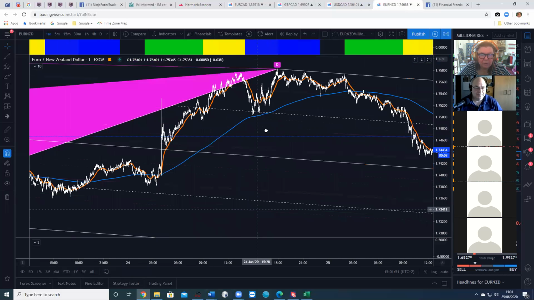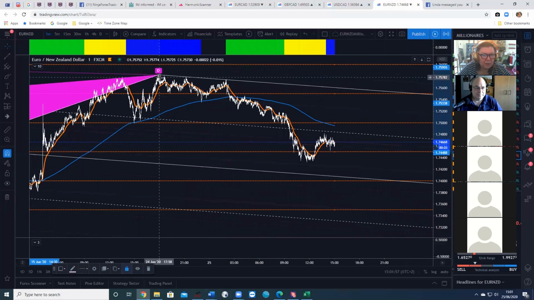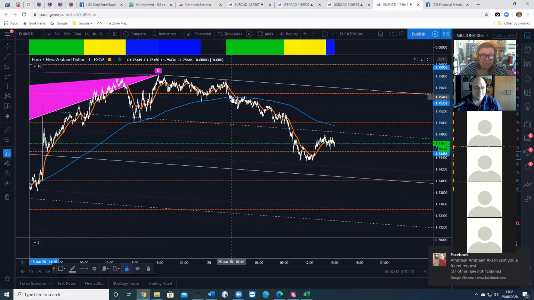So what have we got here? Lovely. Look at there. There's a lovely entry there, which is the rejection off the D point. That's the best setup you can get, when you get the rejections off the D point. Wait for price to come below the 62. Wait for it to come below quarter theory.